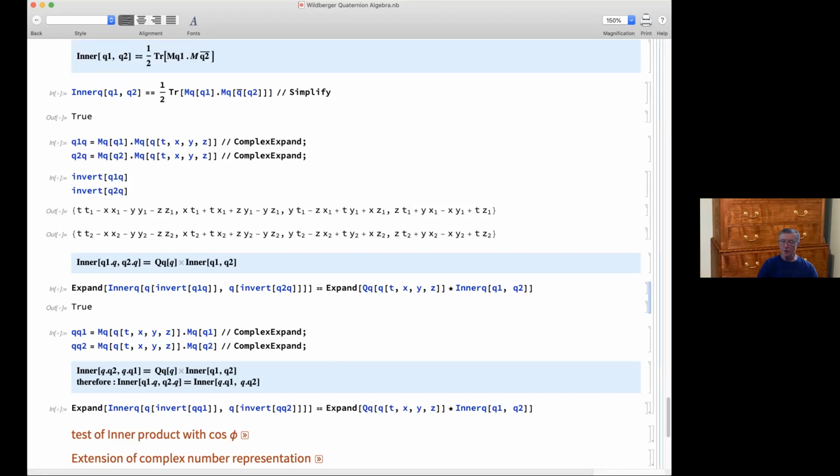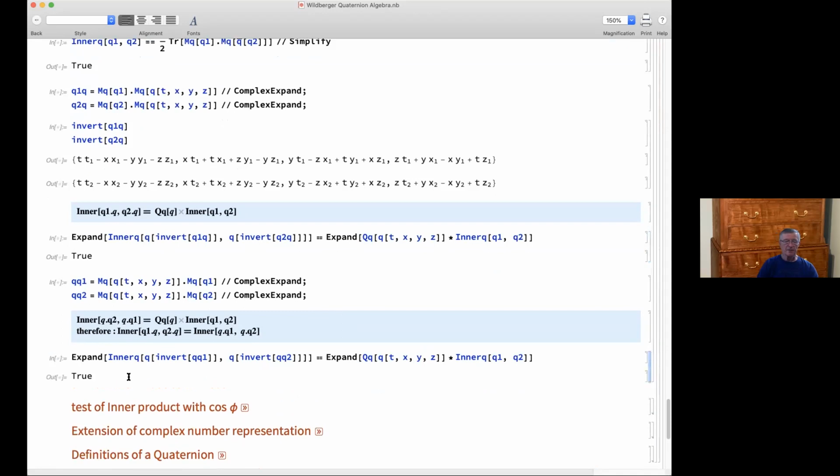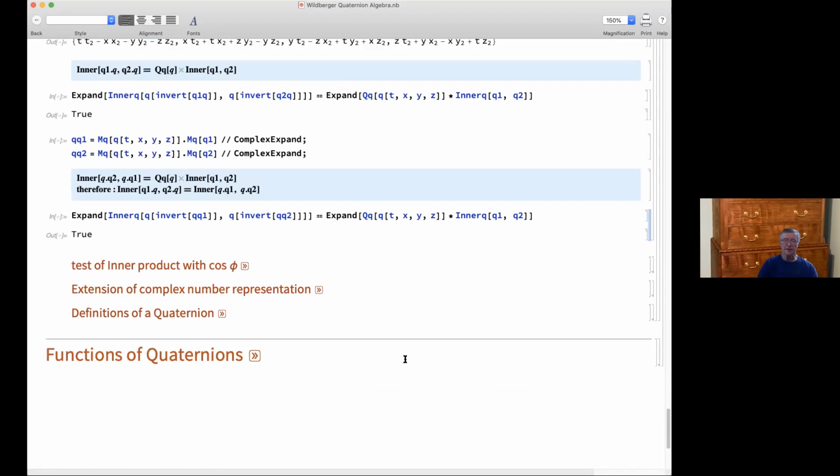And we can look at Q1 and Q2 as the matrix representation of these. And so you can see that the matrix versions, the inversions after the matrix multiplications, also turn out to be the same Q. So in other words, the quadrance of Q, when it's part of the multiplication and then the inner product, turns out to be just the scalar part of Q. Okay, not the quadrance of Q, I'm sorry.